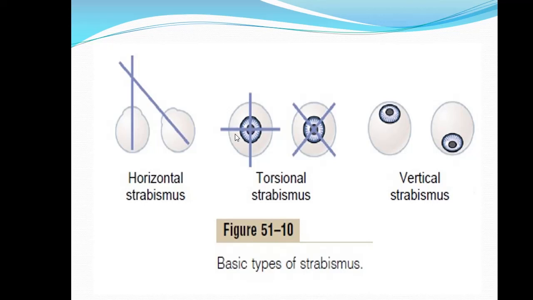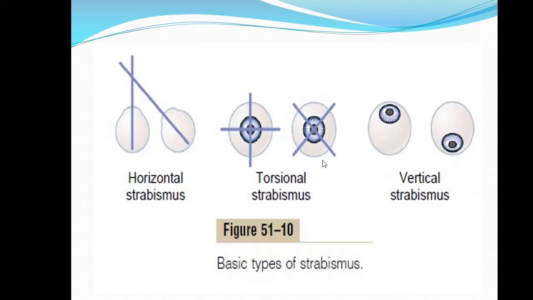If the eyeball is deviated in the horizontal plane, either inward or outward, the strabismus is known as horizontal strabismus. The eyeball is moved inward, as is the case in this diagram. One eyeball is normal, having a forward gaze, while the other eyeball is rotated medially. This is an example of horizontal strabismus.